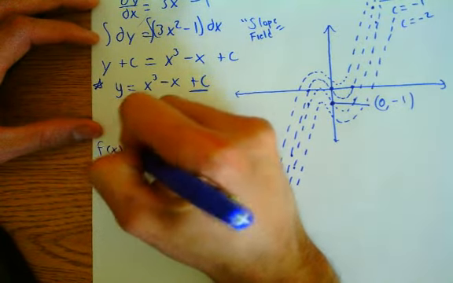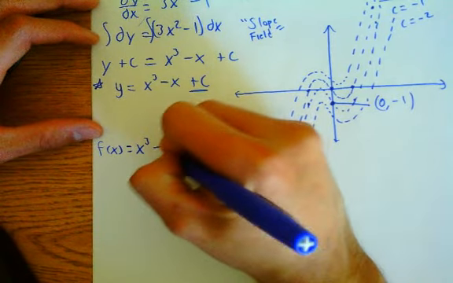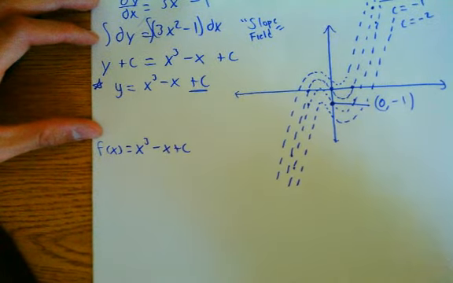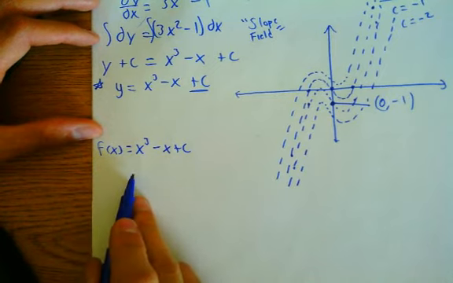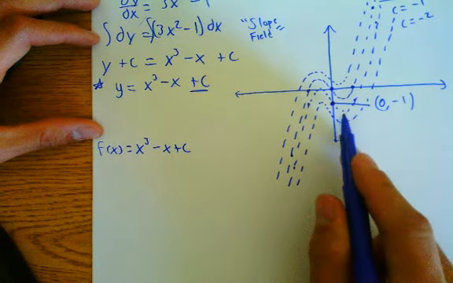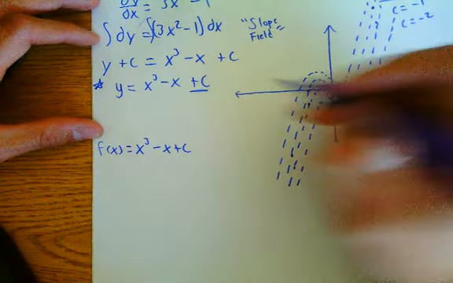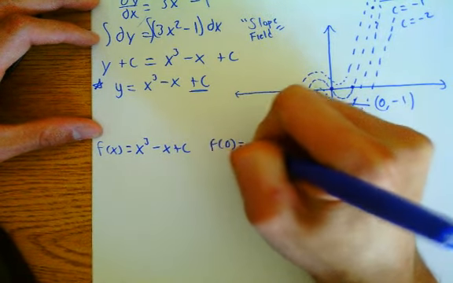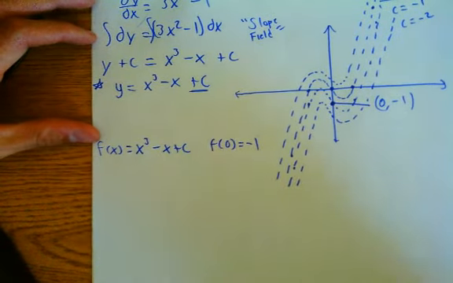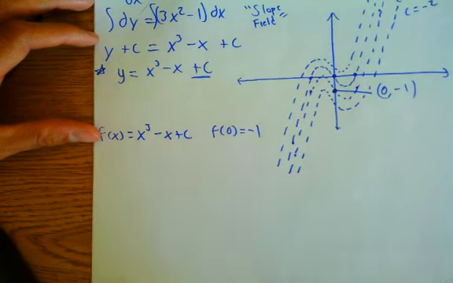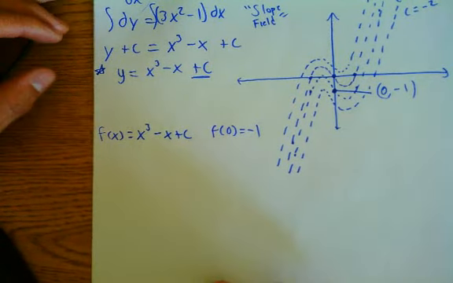So here's what you just figured out. You technically know that f of x is equal to x to the third power minus x plus c. Agreed? That was what you discovered. And by me giving you this information, I technically told you that f of 0 equals negative 1. Do you have enough information to figure out what c is?